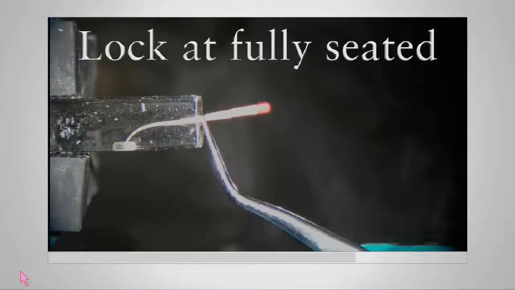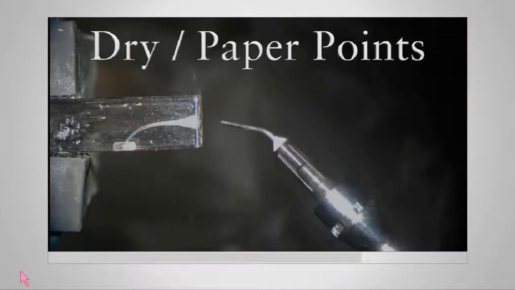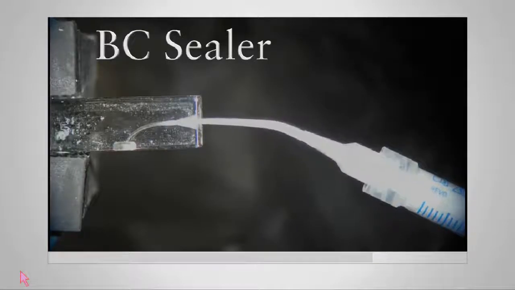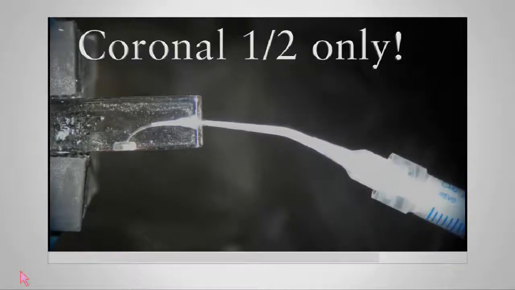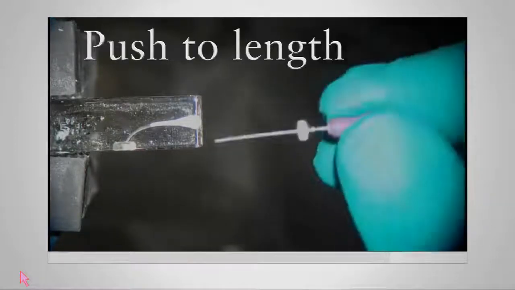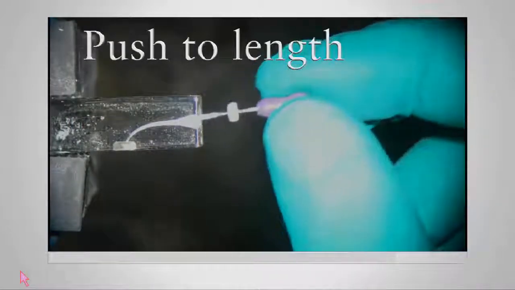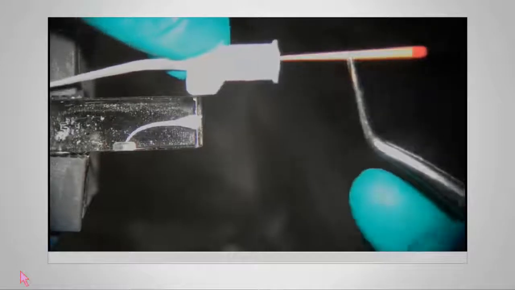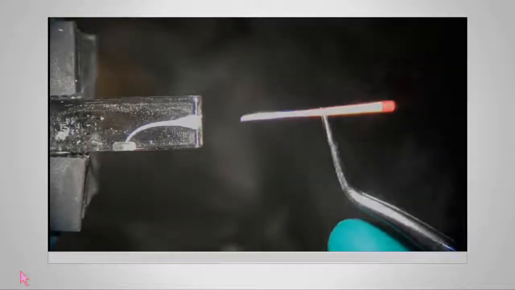And you can see how these new bioceramic BC coated cones that match the ESR fit so nicely to that shape, a match to the shape. And then the hydraulic condensation technique, which is a bioceramic based sealer technique, is used to inject the sealer in the coronal half of the canal only, and then push it down to the apex with a file. That's the safest way of using this bioceramic technology.